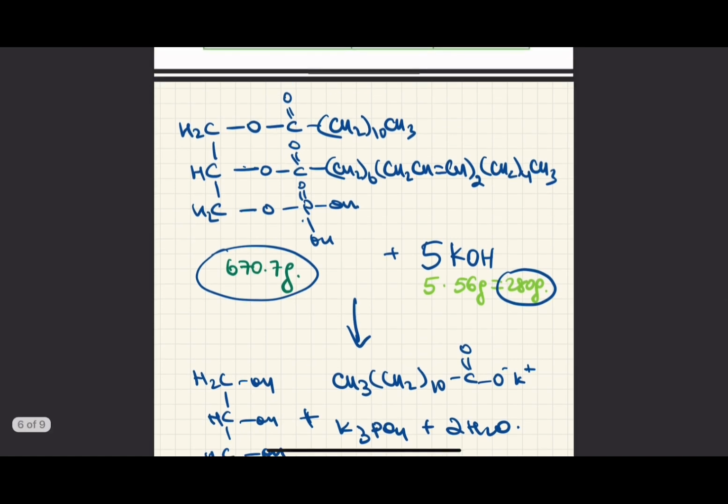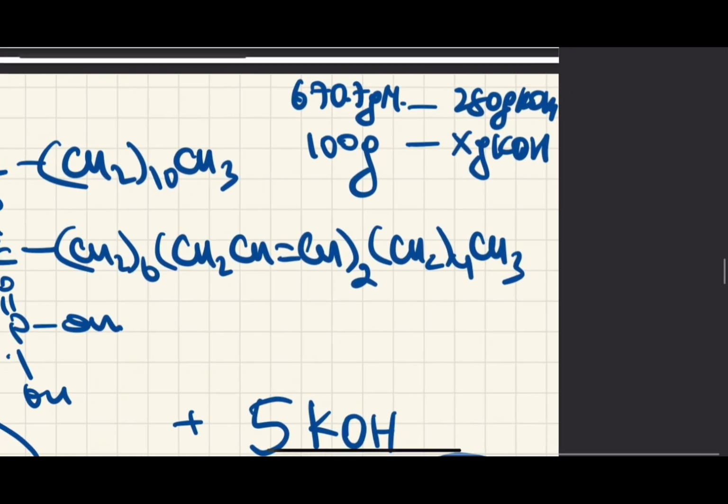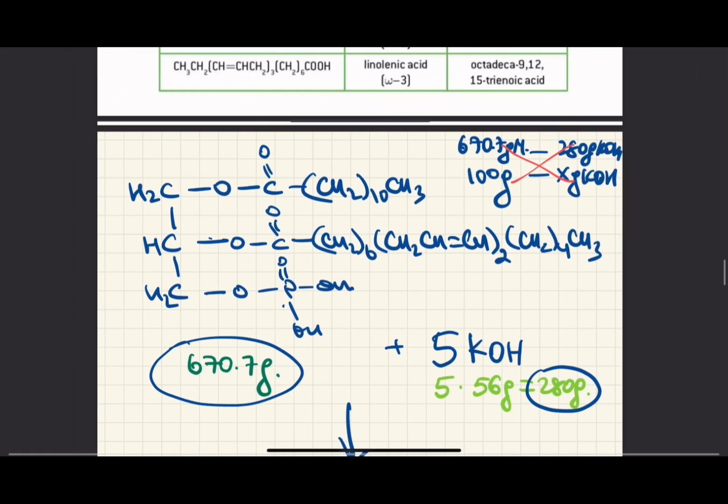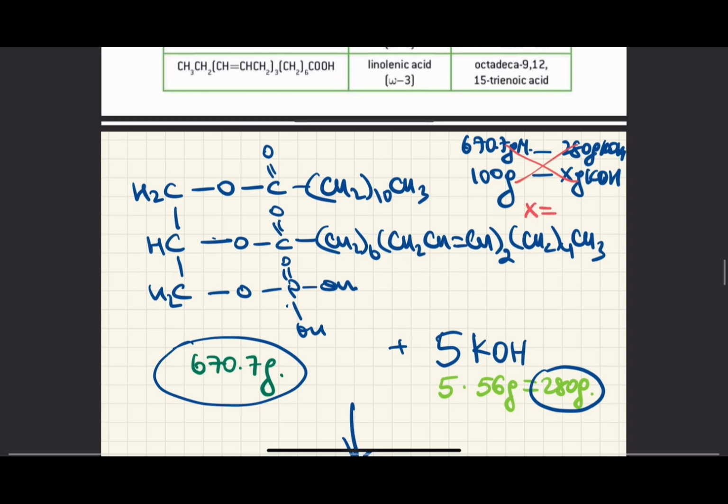And our question is asking, what if you have 100 grams of the mixed phospholipid? So this would be X gram of potassium hydroxide. You have 280 gram potassium hydroxide and 670.7 gram of mixed phospholipid. So you're gonna just do the cross multiplication and get the answer. X would be 41.7 gram of potassium hydroxide.